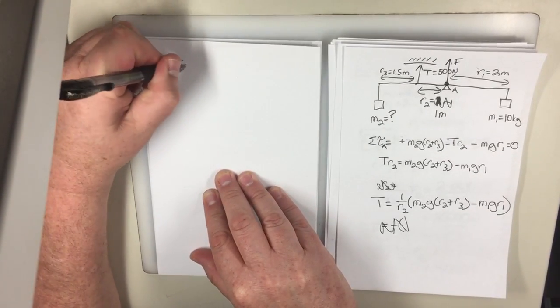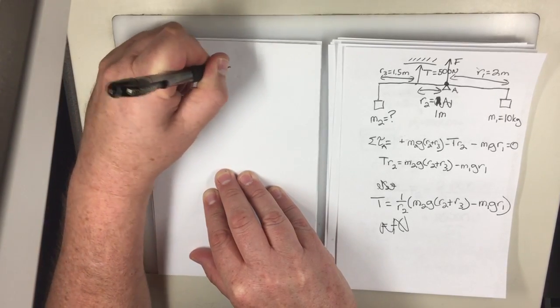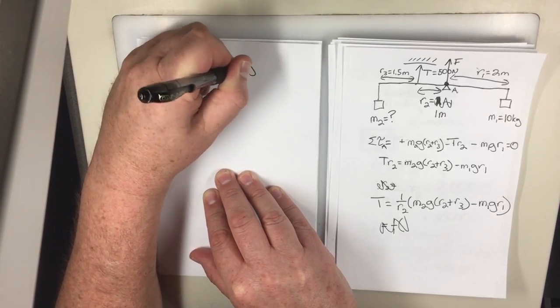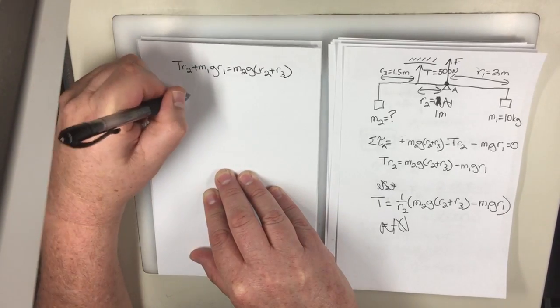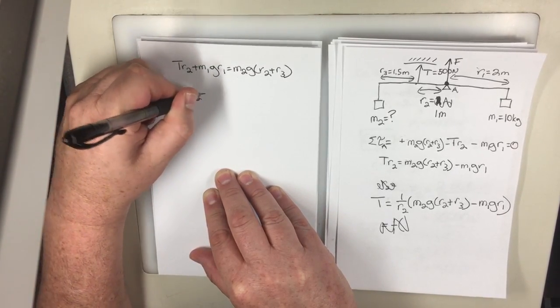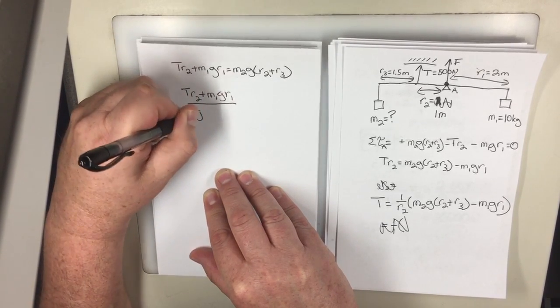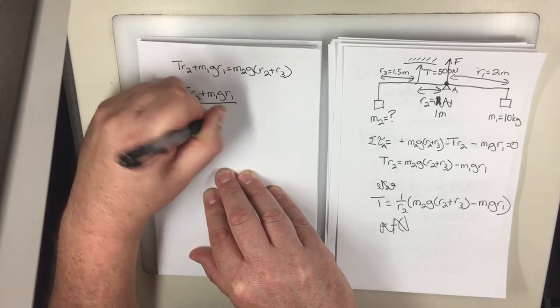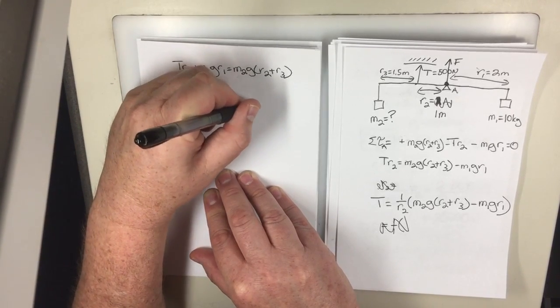So TR2 plus M1GR1 is equal to M2G(R2 plus R3). So (TR2 plus M1GR1) divided by G(R2 plus R3) is equal to M2.